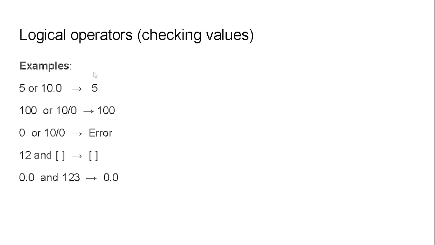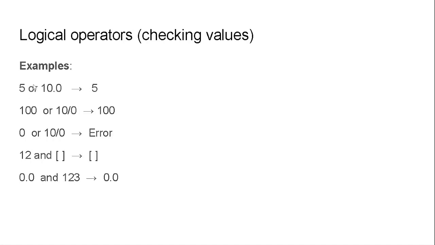Right? So let us check a different type. Instead of giving relational operators or expressions, direct values are checked using the OR operator, 5 or 10.0. In this case, consider the truth value of the first operand. 5 is a number which has a true value. 5 has some value, so it is true.